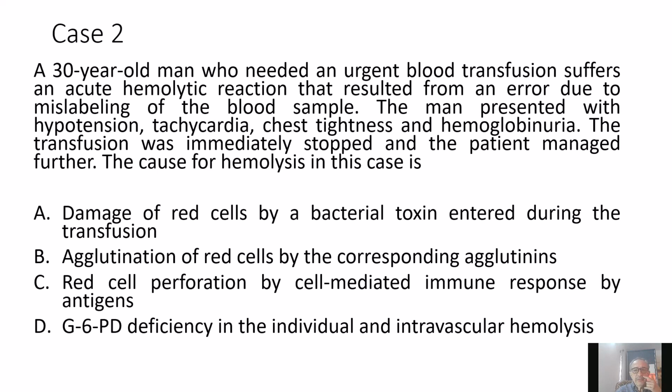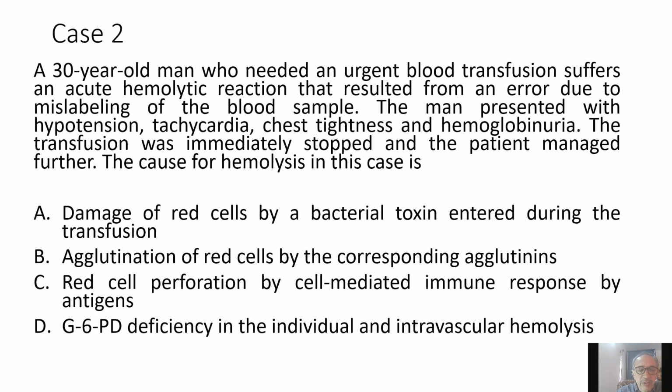If you look at each of the options, bacterial toxin entering is very unlikely because there is no indication of that and it does not cause hemolysis. It's a hemolytic reaction which is obviously written in the case. So it must be due to hemolysis of RBC by agglutination by agglutinins.